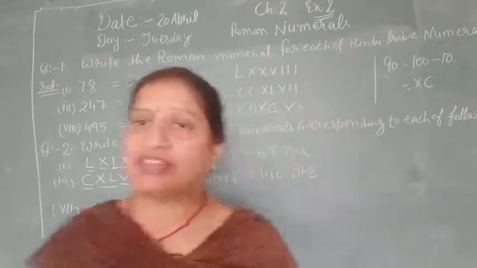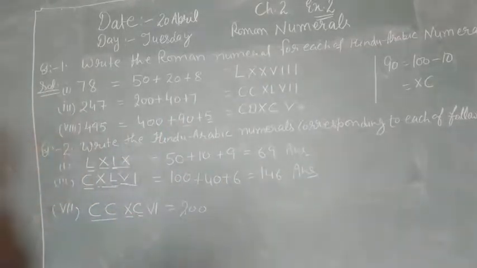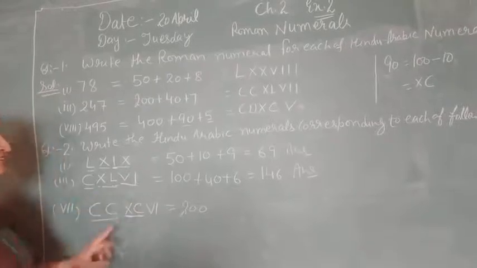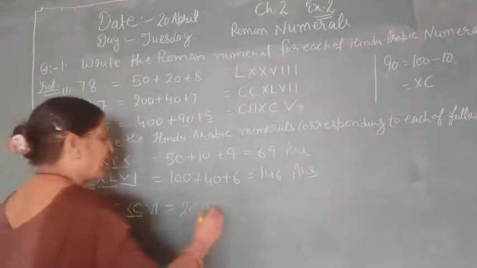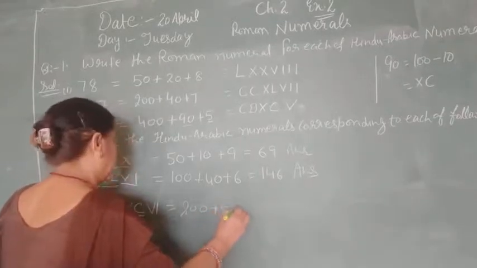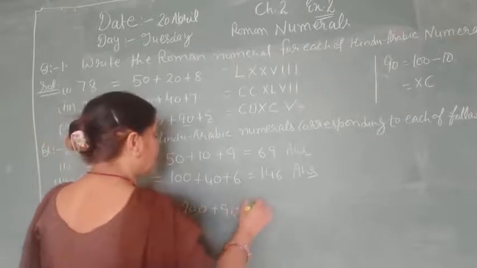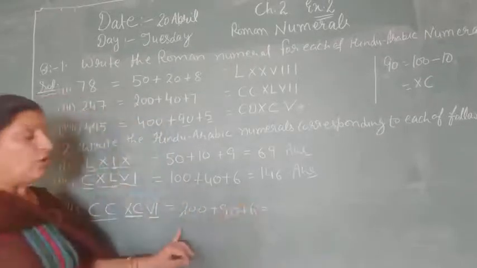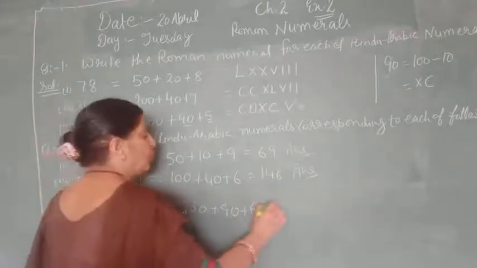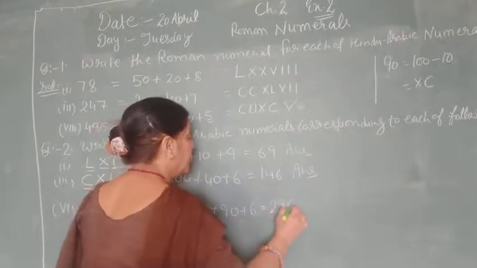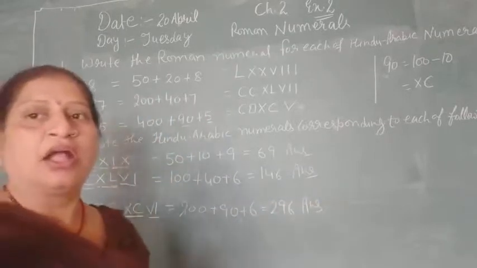Now again we see that here is X and the next symbol is C. It means that X is subtracted from C, and after subtracting we get the number 90, and the next number is VI, that is equal to 6. Now after adding all these numbers, we get the value 296. Clear this one?